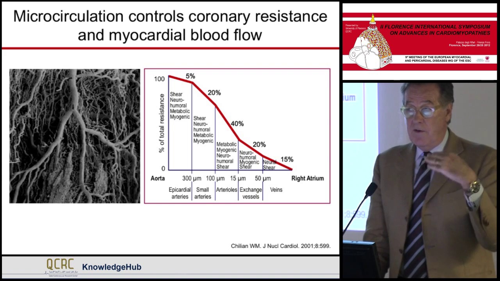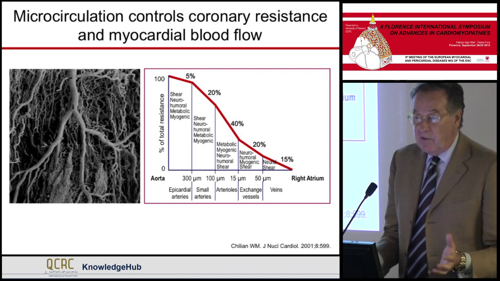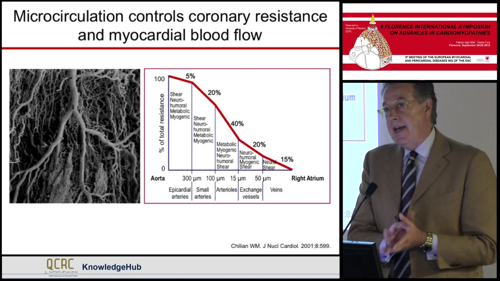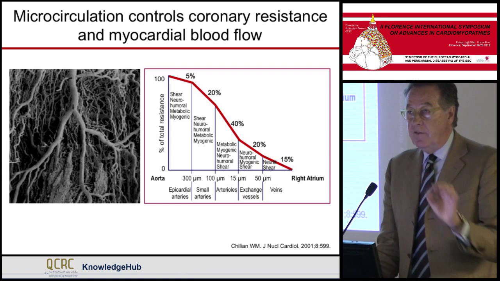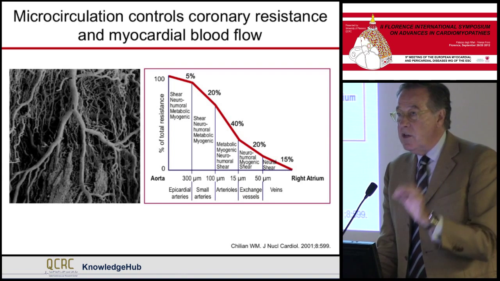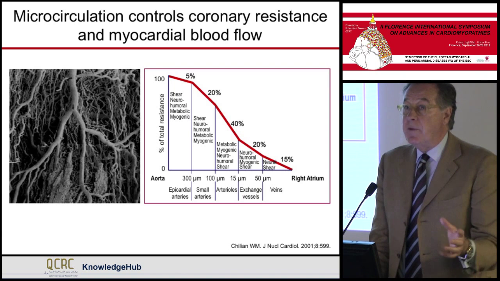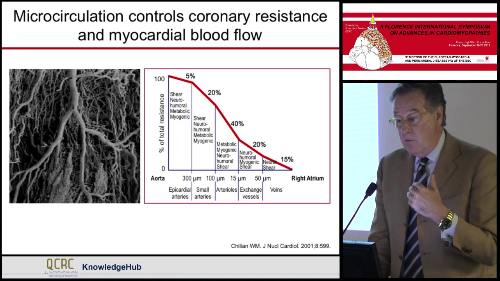Now, when you go from resting to hyperemia, you dilate the resistance vessels and you allow flow to increase without any change in perfusion pressure. So the correct functioning of these small vessels is the conditio sine qua non for obtaining hyperemia and an adequate flow increase when you increase the workload.